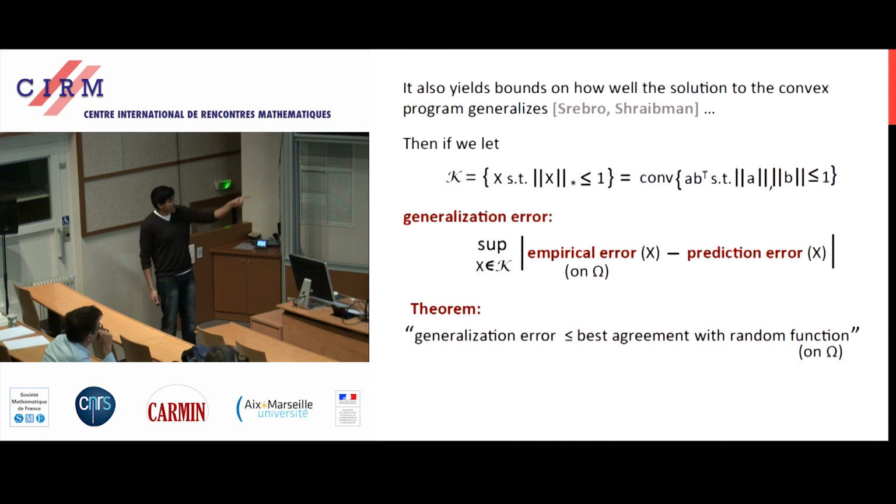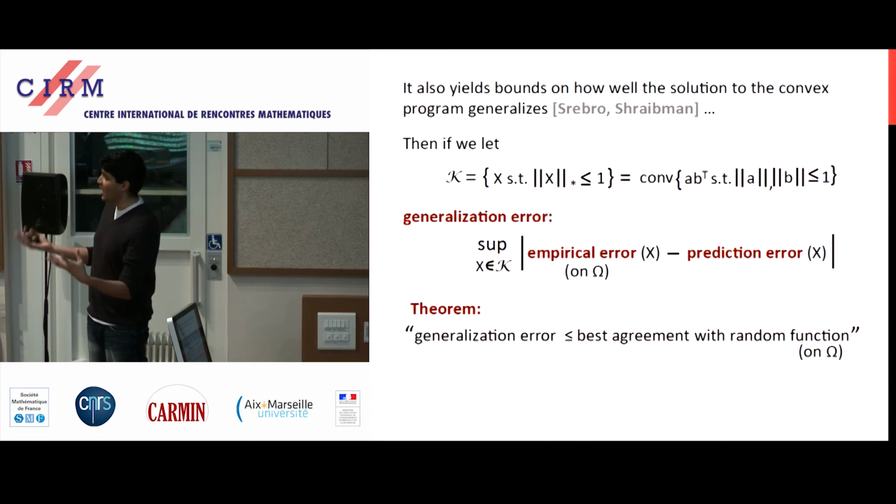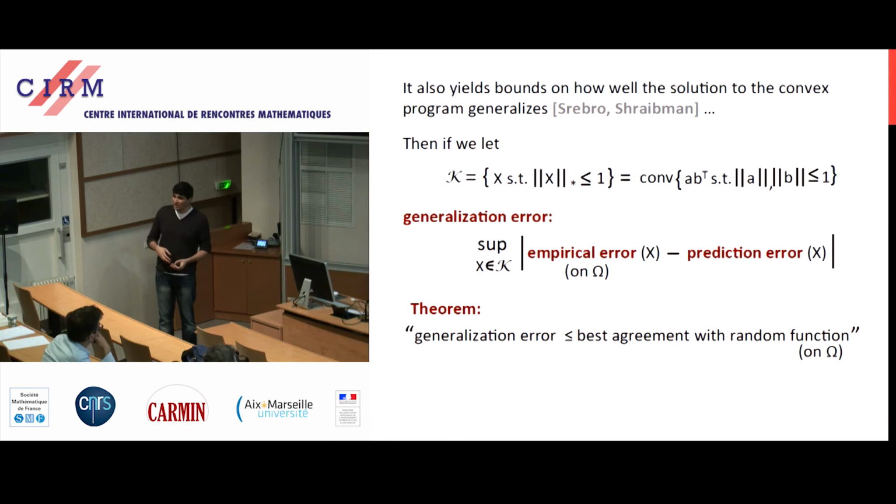So if you're asking how well you agree with a random function, that's literally case 2 now. In case 2, we put random entries in the matrix, and we asked how large its spectral norm was. That's really asking, for something with nuclear norm 1, so actually a rank 1 outer product, how well you can get it to agree with it.